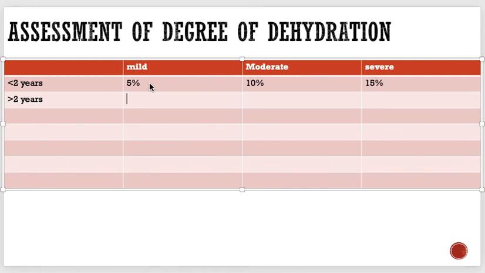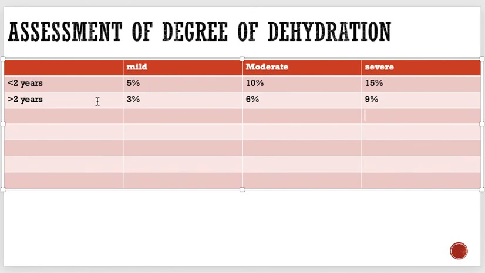But any child who is more than 2 years of age, 3% is considered mild, 6% moderate, and 9% severe. Okay, so simply based on the pre-illness and post-illness body weight, we can assess the dehydration level.